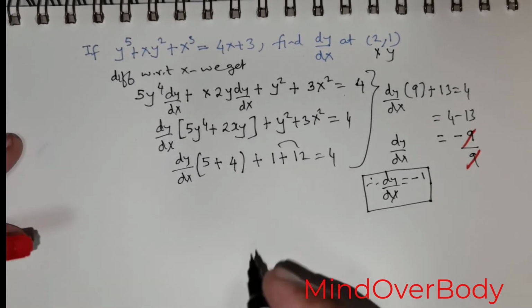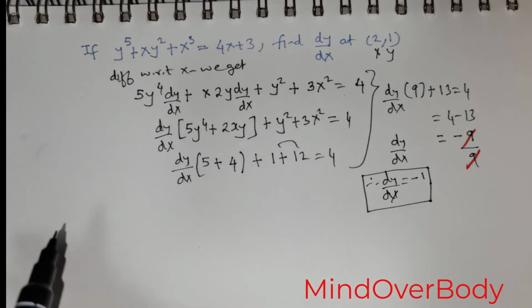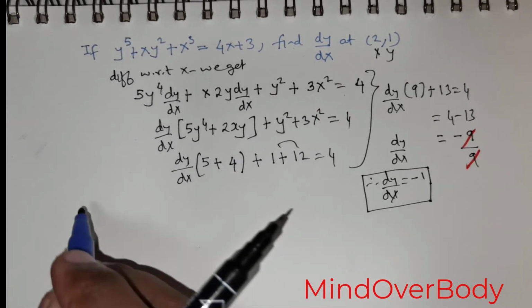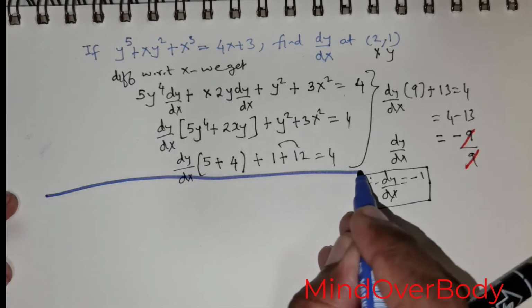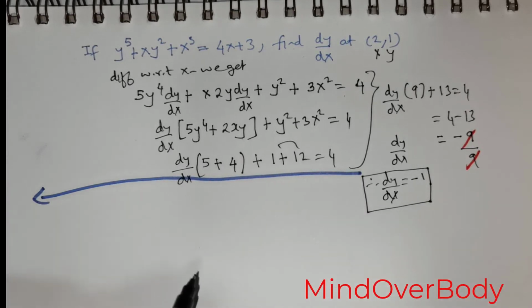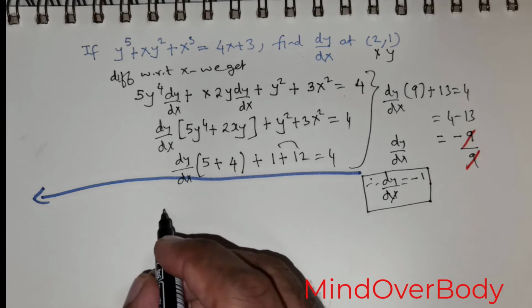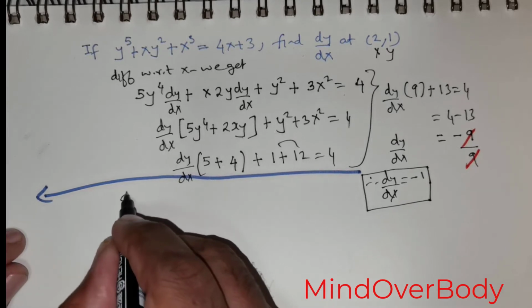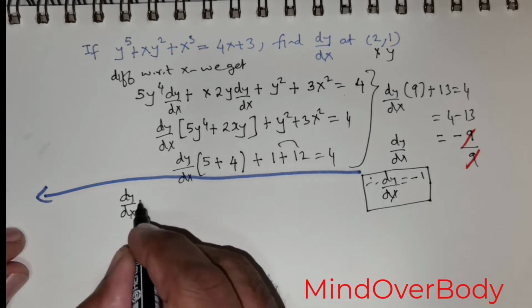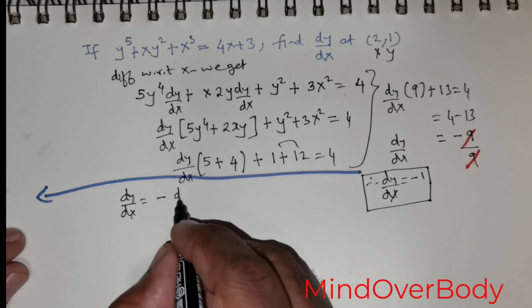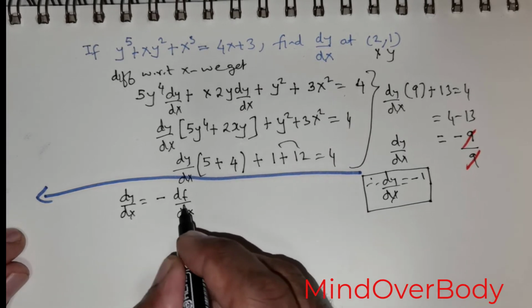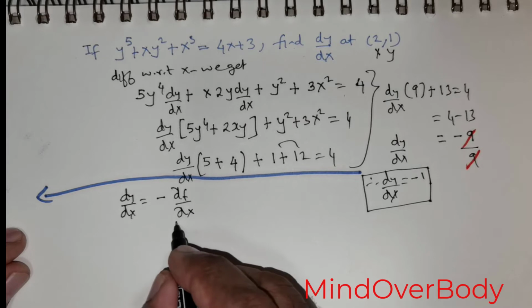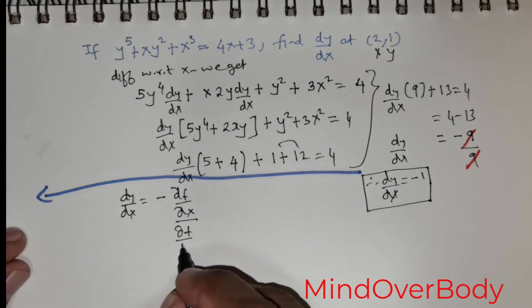Now alternatively, you can also do the same question in this following fashion. So let me just show that also, in case time is a big constraint for you. I'm going to obtain dy over dx to be equal to negative dou f over dou x divided by dou f over dou y.